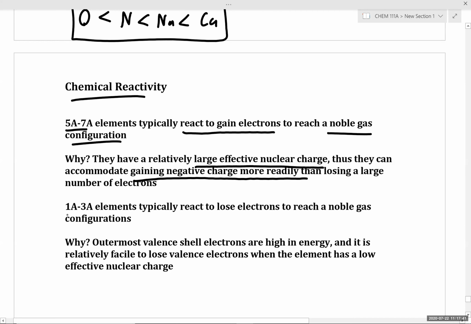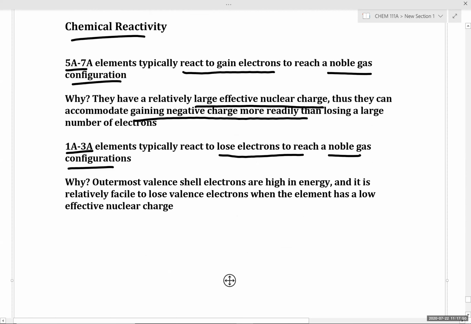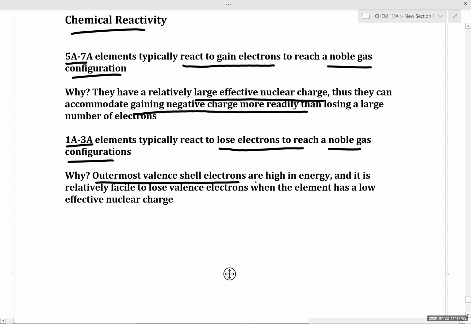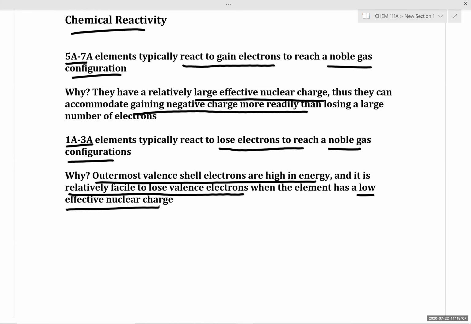Likewise, as the opposite example, a 1A or 3A element typically reacts to lose electrons to reach a noble gas configuration. Why? These outermost valence electrons are high in energy, and it is relatively easy to lose those valence electrons when your element has a low effective nuclear charge. So we're starting to correlate these trends in ionization energy and electron affinity to tangible patterns of reactivity that we've seen previously.